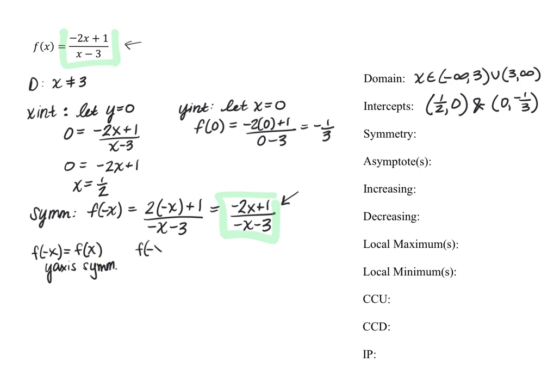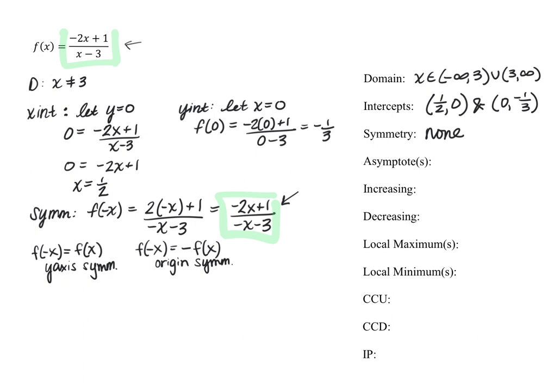If I were to substitute in a negative x and the result was the opposite of the original function, then that's an odd function, which means that we would have origin symmetry. But again, looking at the result, it is not the exact opposite of the original. Therefore, this curve does not have y-axis symmetry, and it does not have origin symmetry. So we're just going to write that we don't have any symmetry. We'll write none.